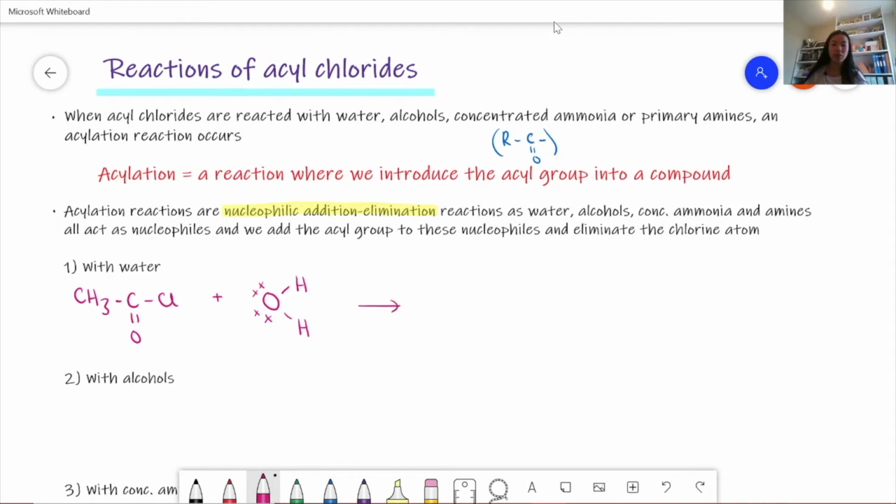And so we react it with water, and what we form is CH3, C double bond O, and then OH. And we also form HCl. And what we formed is ethanoic acid from this ethanoyl chloride.